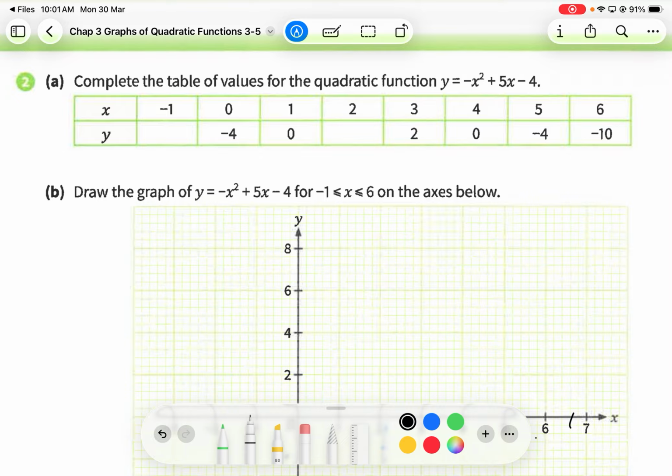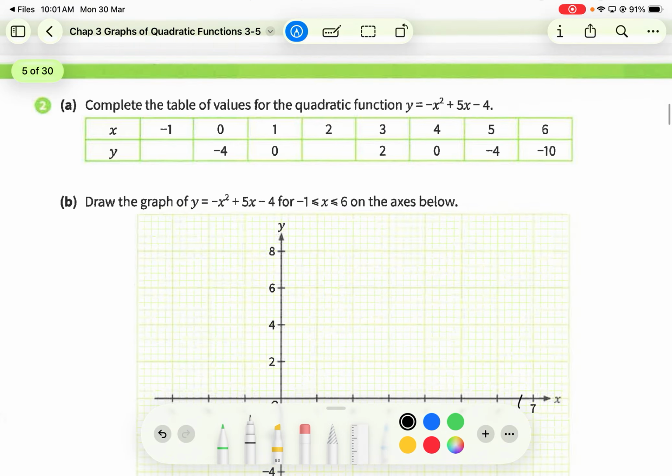Go, go, go. Okay, substitution. Copy exactly.